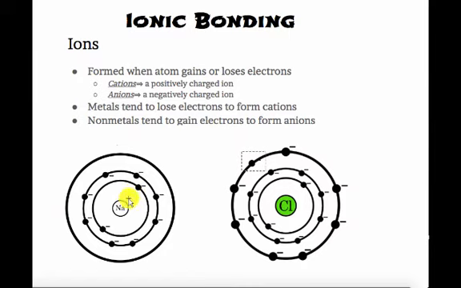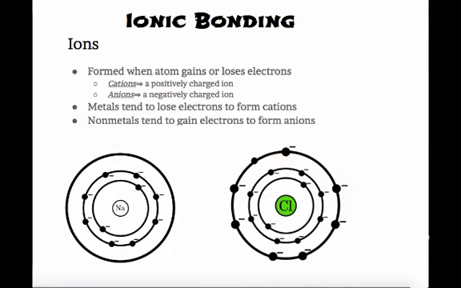The reason is that when we put an element like sodium near an element like chlorine, chlorine has a really strong ability at pulling electrons because its nucleus pulls strongly. So the electron is going to come from the element that's weak at pulling electrons and go towards the element that's good at pulling electrons, in this case chlorine.